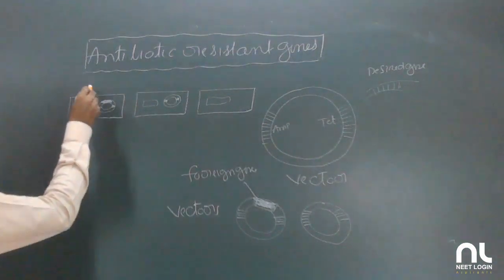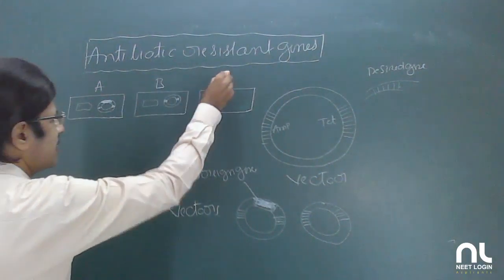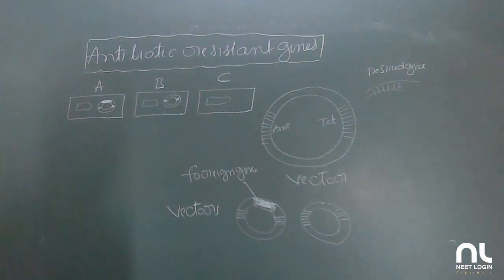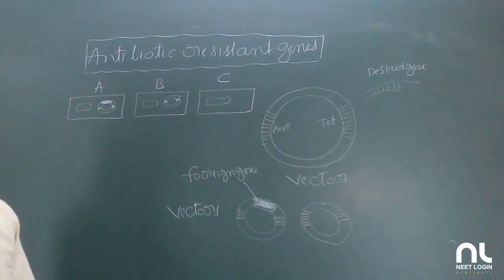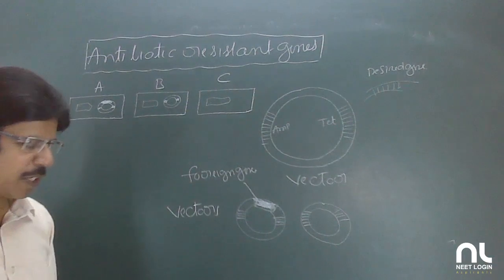If you take A, B, C cells, which are said to be transformed?